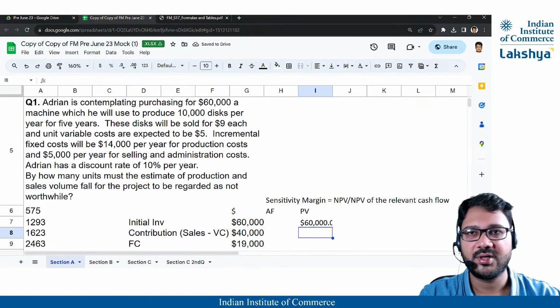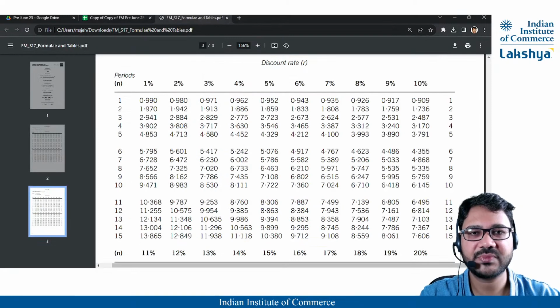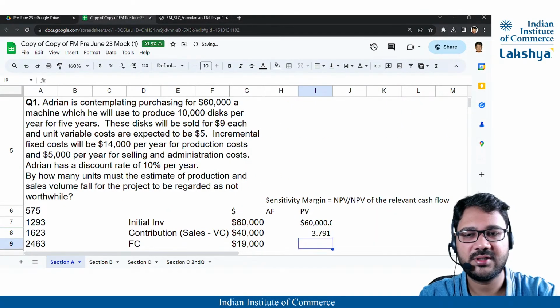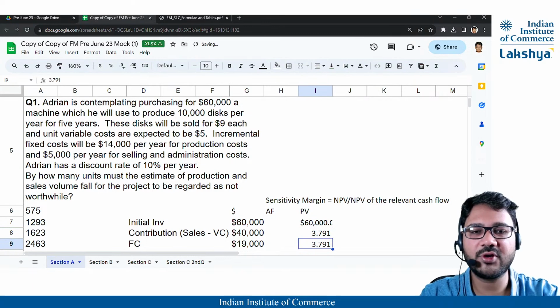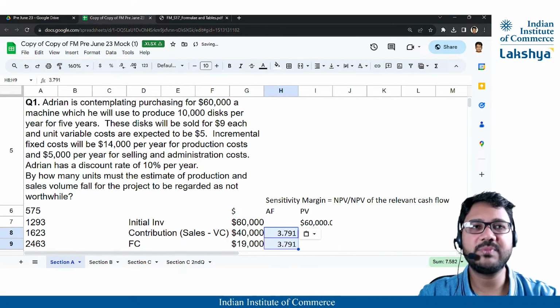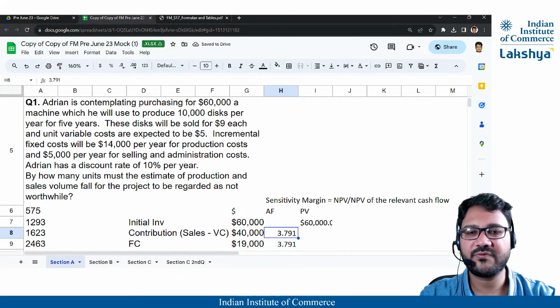Okay. Contribution, it's a fixed cash flow. So it's an annuity. 10% 5 years. So 10% 5 years is 3.791. 3.791. And same thing will be for fixed cost as well.